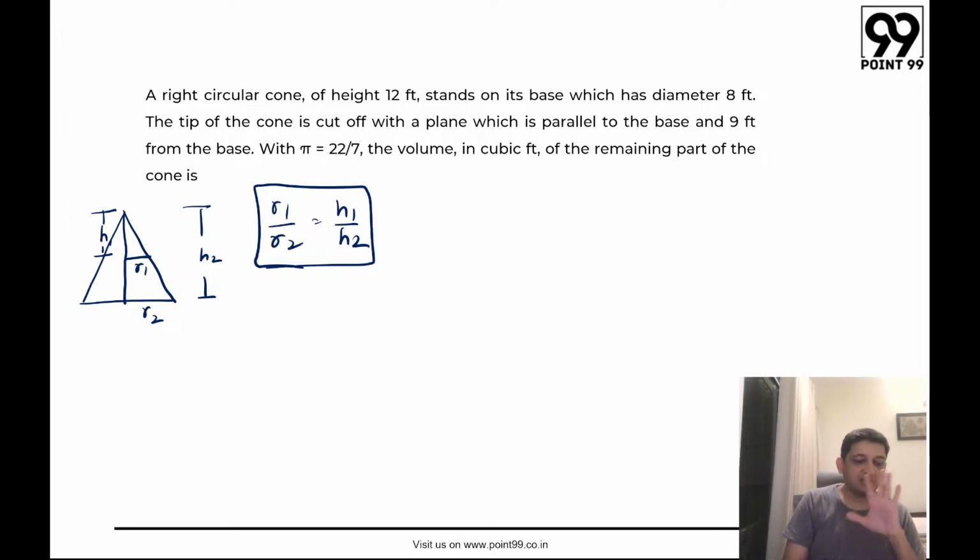So mensuration कोन के अगर questions आते हैं जहाँ पे कट कर रहे हैं, वॉल्यूम की बात हो रही है, definitely you should know this concept. You can't start proving this during the test. ठीक है? So the ratio of the radii will be the same as the ratio of the two heights that are there. And that is, वो अगर समझ में आ गया ना, this question is extremely easy. कुछ भी नहीं करना है, 2 स्टेप में आंसर आ जाएगा इसका. If you know that.